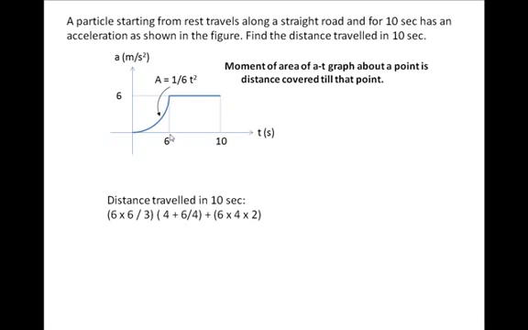Its centroid is located at 6 by 4 from here. So 4 plus 6 by 4 from this point. So moment of this area about this point is 6 into 6 by 3 multiplied by 4 plus 6 by 4. And for this rectangle, the area is 6 into 4. And the distance is 4 by 2, that is 2. So you get total distance traveled in 10 seconds as 114 meter.